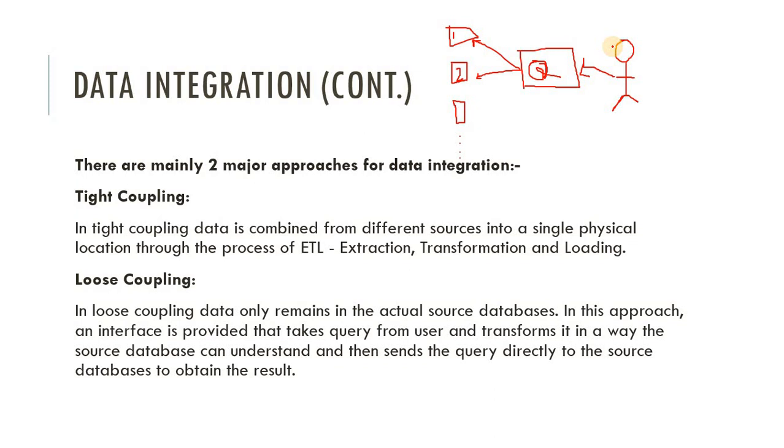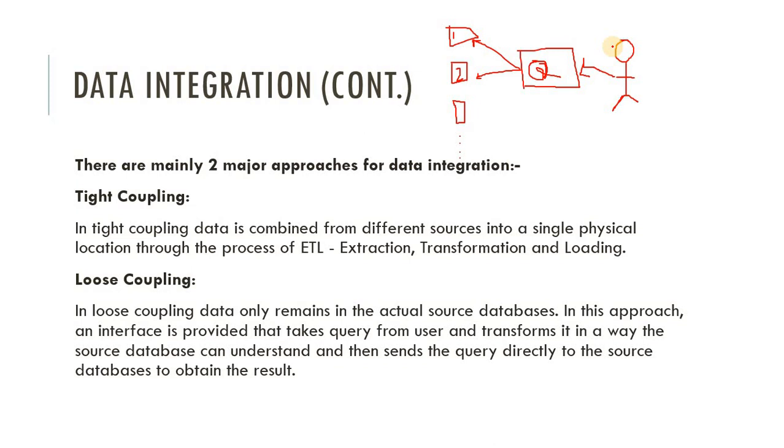The user thinks that the data is at the same location, but actually the data is stored in different databases. The data comes from multiple databases with the help of the query.